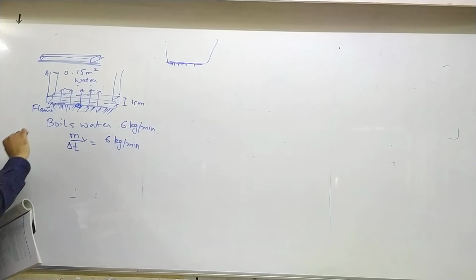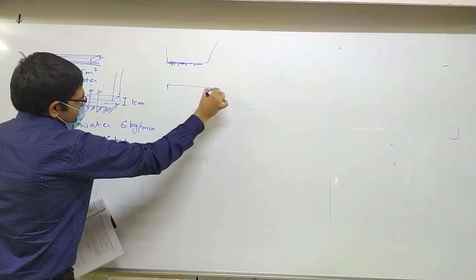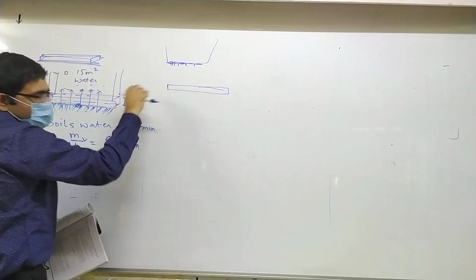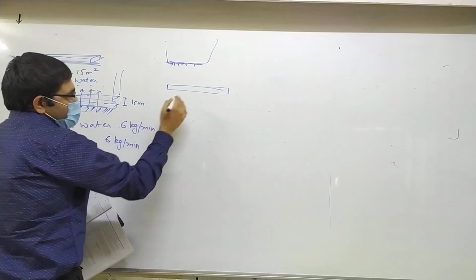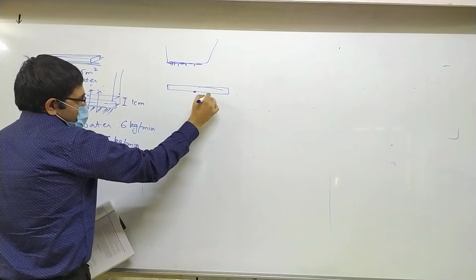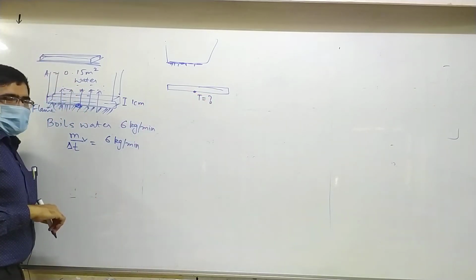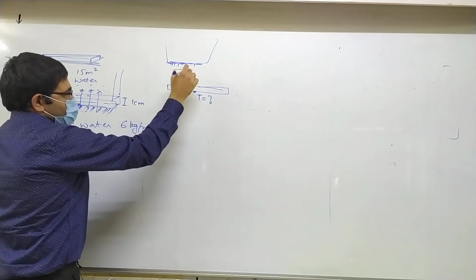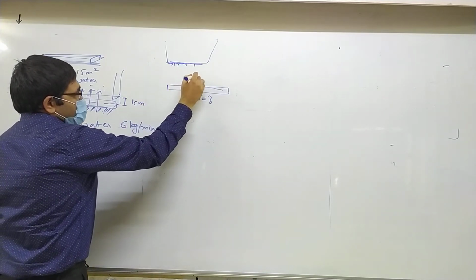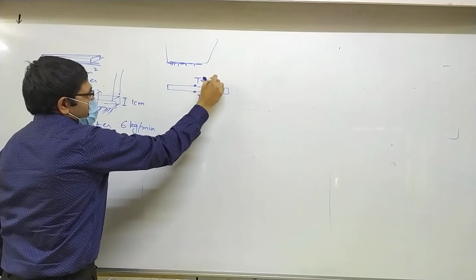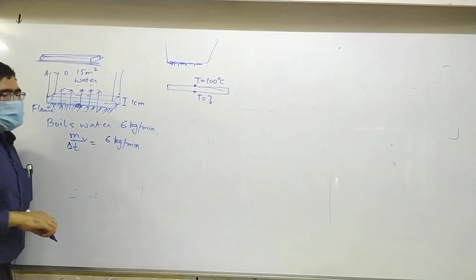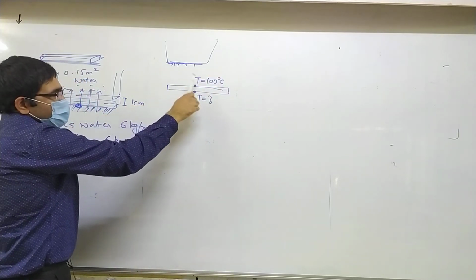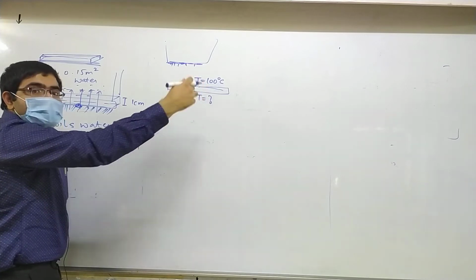So basically, this is the bottom, this side view. We want to find at this point what's the temperature. Well, we know that at the upper point the temperature is 100 degrees Celsius. Now, how do I know it is 100 degrees Celsius? Because above this there is water and the water is boiling.